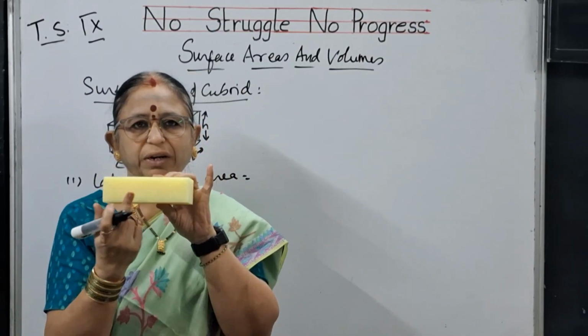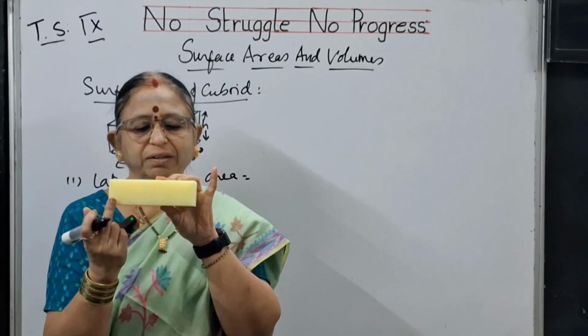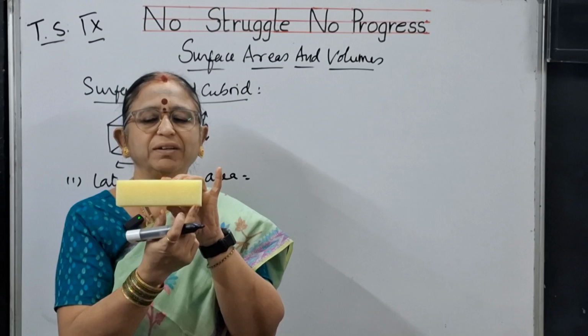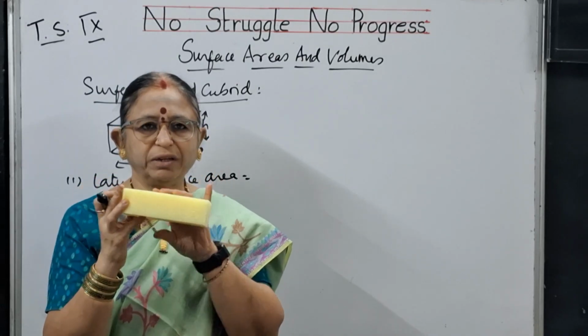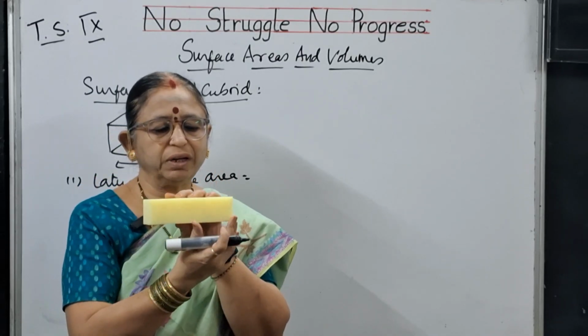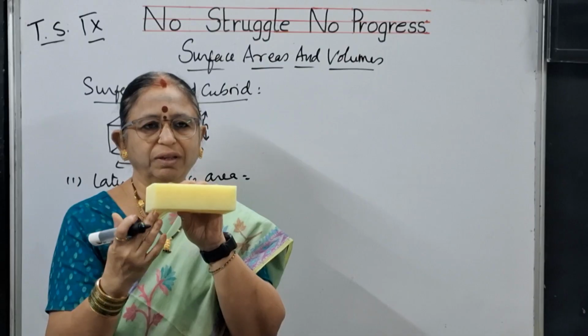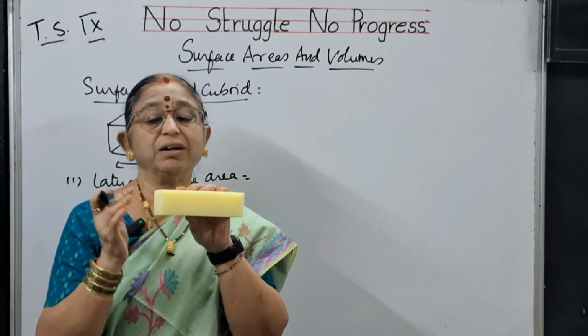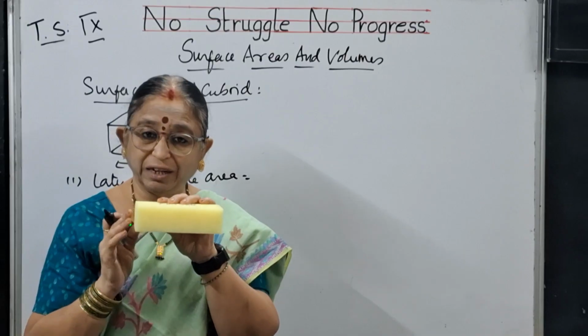See, suppose I take this surface area, this we have called as a length. Always the longer one is length, shorter one is breadth. Now we are talking about area of this. So this is like a rectangle. The area of a rectangle you already know is length and breadth.